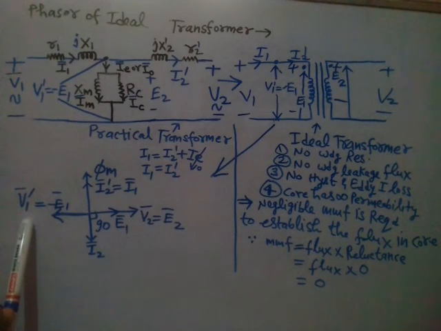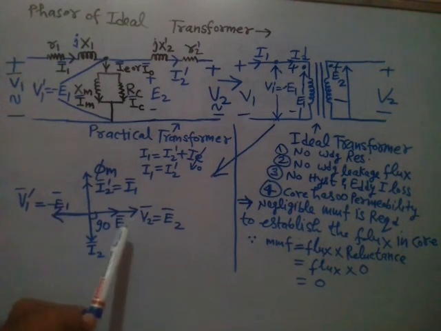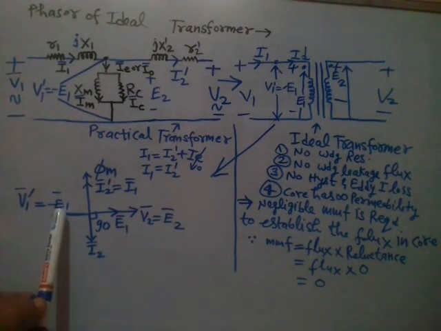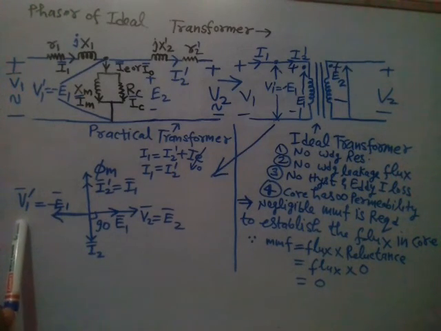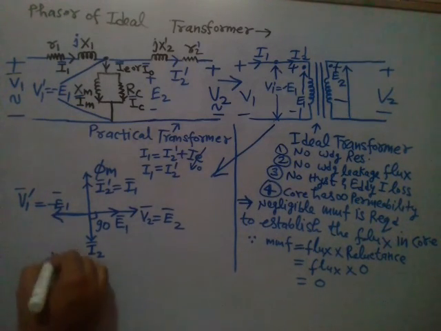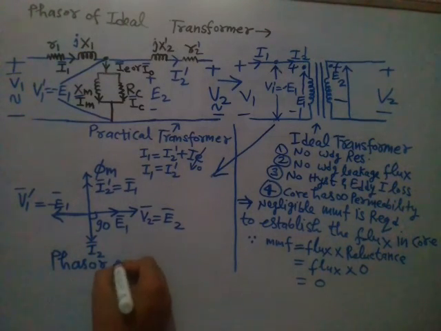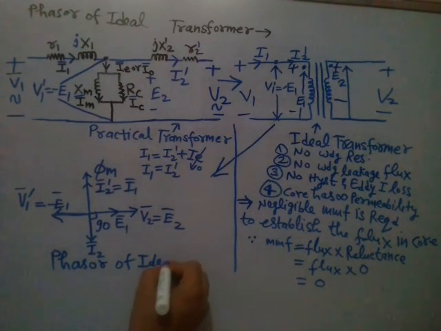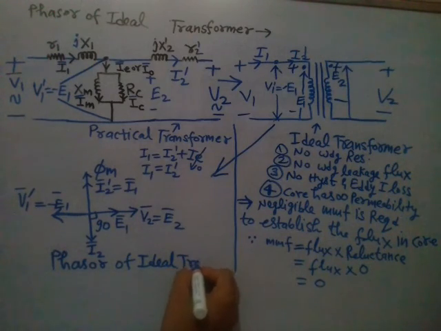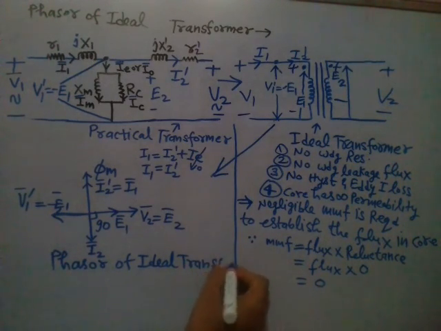In the 7th step, take E1 in the backside, that means minus E1, which is equal to V1 dash. That is step number 7. So that's how you draw this phasor diagram of an ideal transformer. This is the phasor diagram of an ideal transformer.